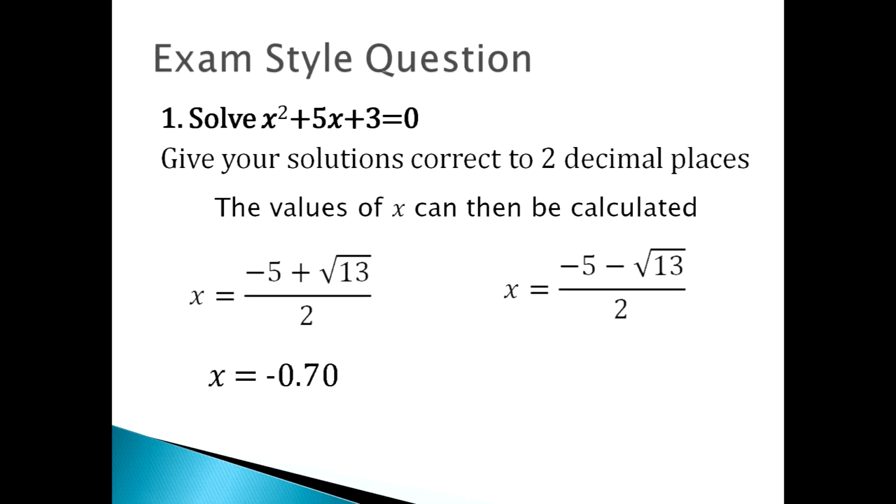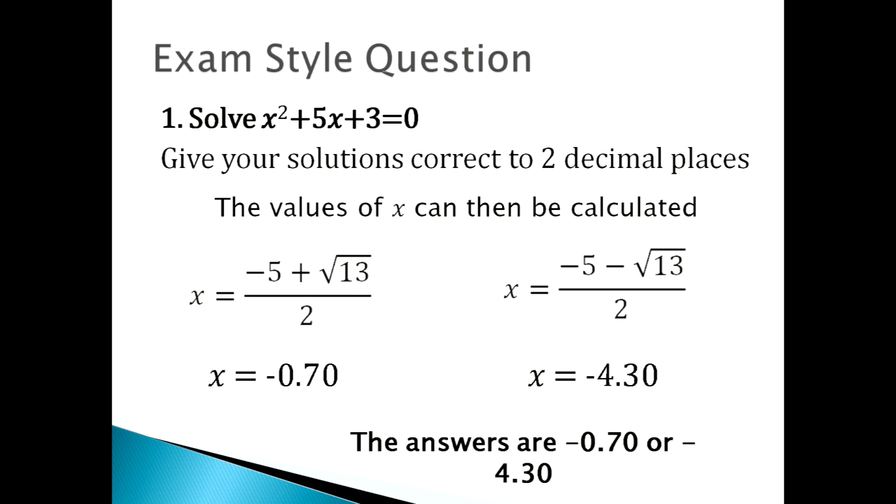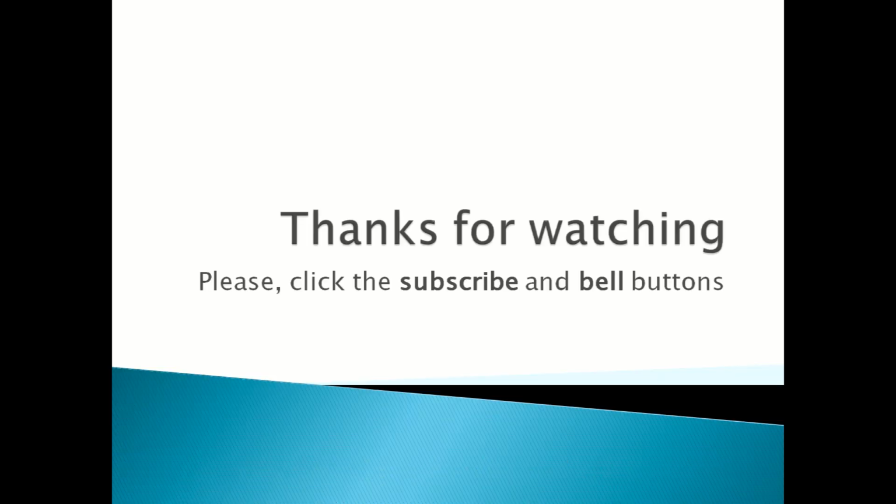Then we look at x equals minus 5 minus the square root of 13, over 2, and x is equal to minus 4.30. So these are your two answers for this question: minus 0.70 or minus 4.30.